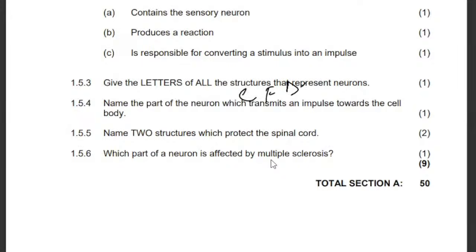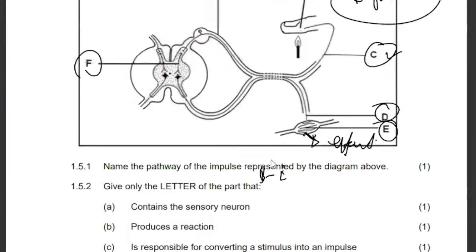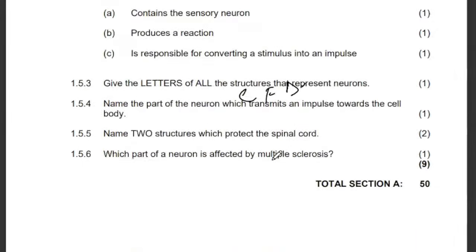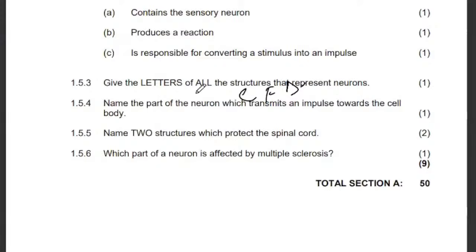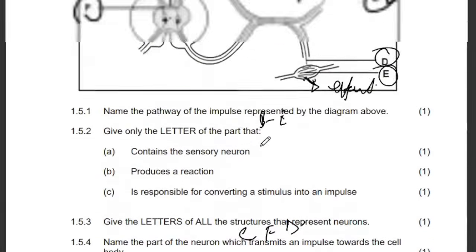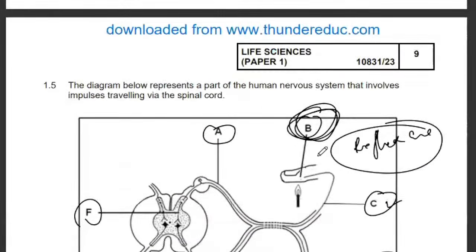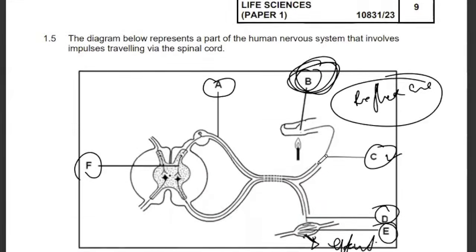Name the part of the neuron which transmits impulses towards the cell body. The part of the neuron which transmits impulses towards the cell body is called the dendrite. So this question is not really connected to the diagram, so it will depend on the final memorandum.